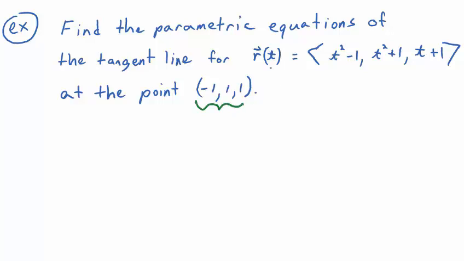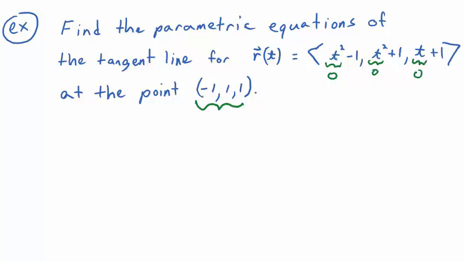So there should be a t value you can plug in here that will generate this point, which is really the tip of one of the arrows that you get for a particular value of t when you plug it in the vector valued function. Okay, well, hopefully it's obvious that t equals 0 will produce this point.